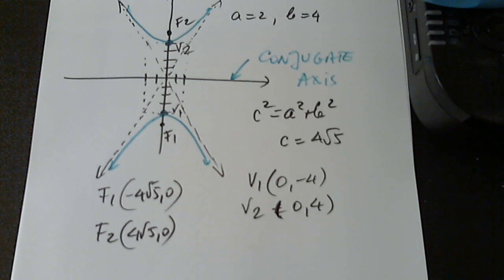Okay, so let's look at one example. You choose, please, if you'd like. Find an equation for the hyperbola described. The center is not 0, 0. Focus, we know it has 2. Vertex, we also know it has 2.